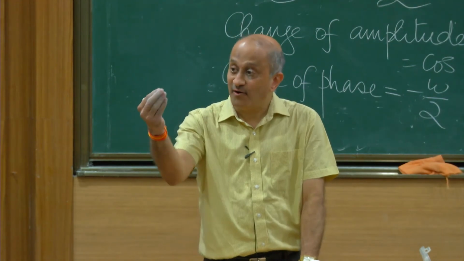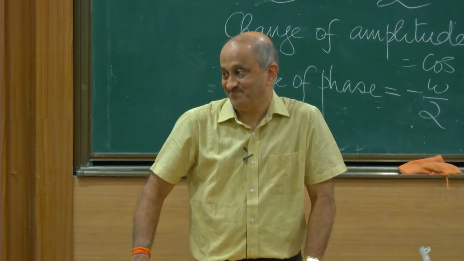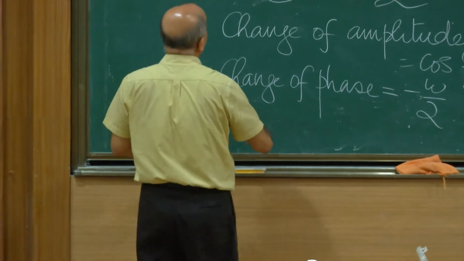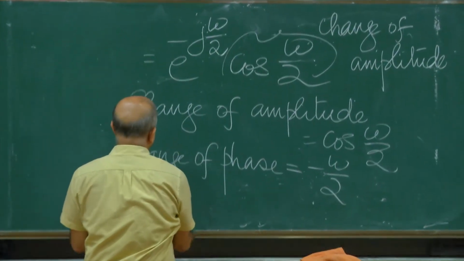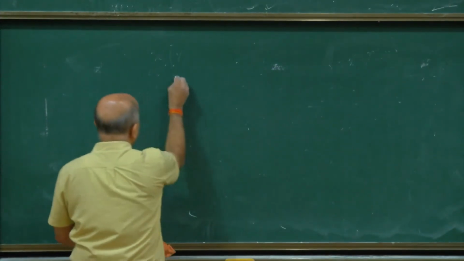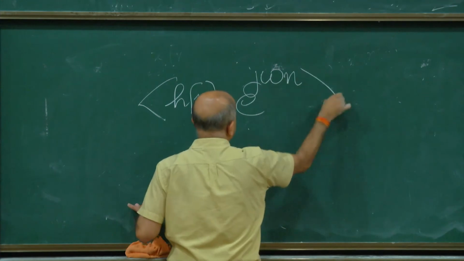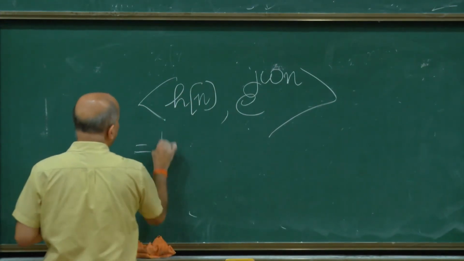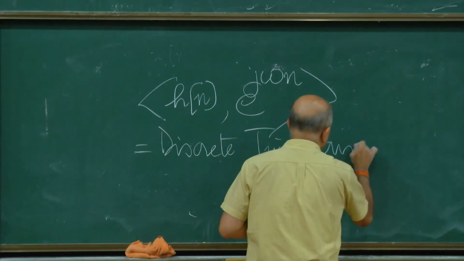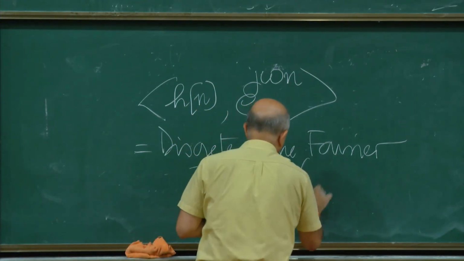Now, this process of finding the inner product is actually a transform. In fact, what we just did by finding the inner product is the discrete time Fourier transform. So let's go back there. When we took the inner product of h of n with e raised to the power j omega n, this is in fact the discrete time Fourier transform, or DTFT.